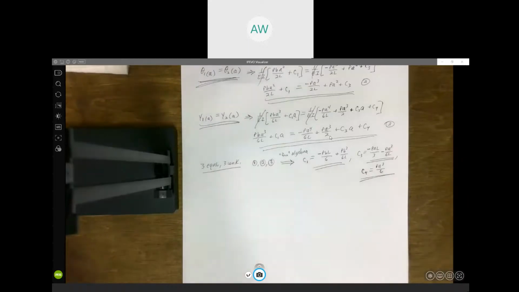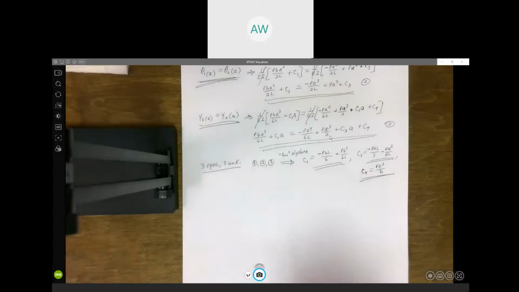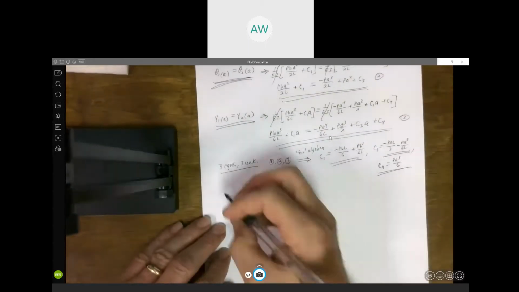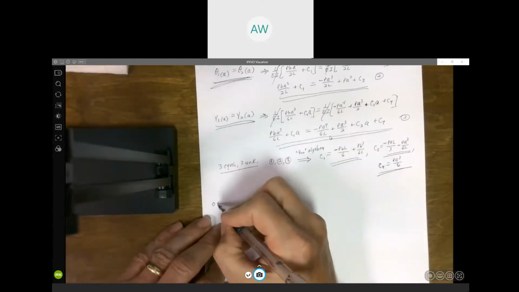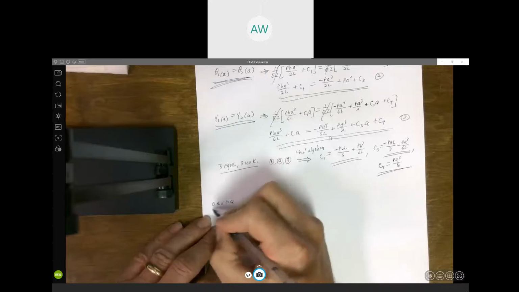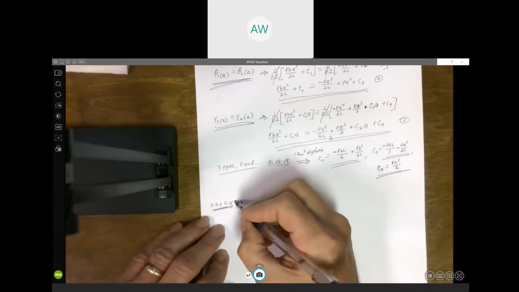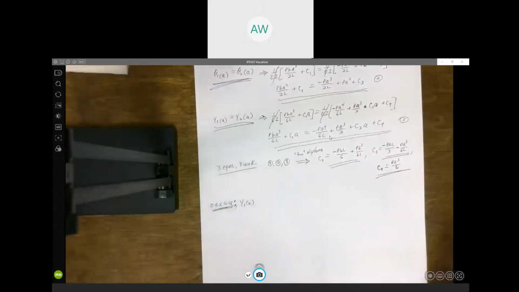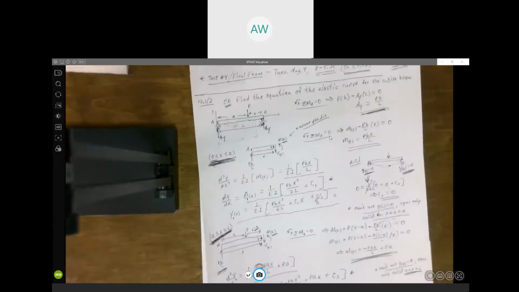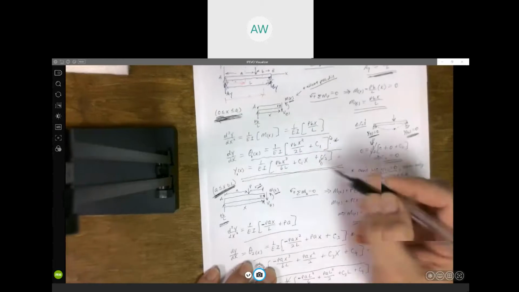So again, we were asked to find what the equation of the elastic curve was for this entire beam. So we've got two equations. We've got an equation for x values between 0 and a. That's where we call this y1 of x. So we go back and look at our previous page. Here's my equation.